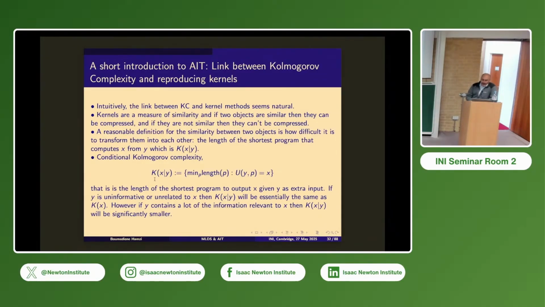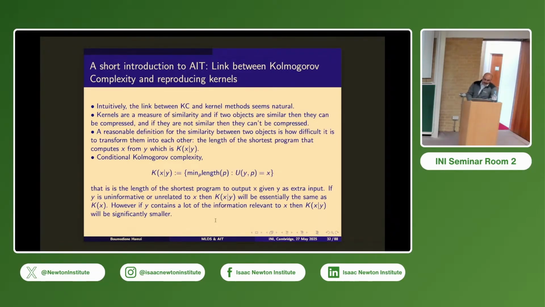It is the length of the shortest program to output X given Y as extra input. If Y is uninformative or unrelated to X, then K of X given Y will be essentially the same as K of X. But if Y contains a lot of information relevant to X, then K of X given Y will be significantly smaller. That's the main intuition here.